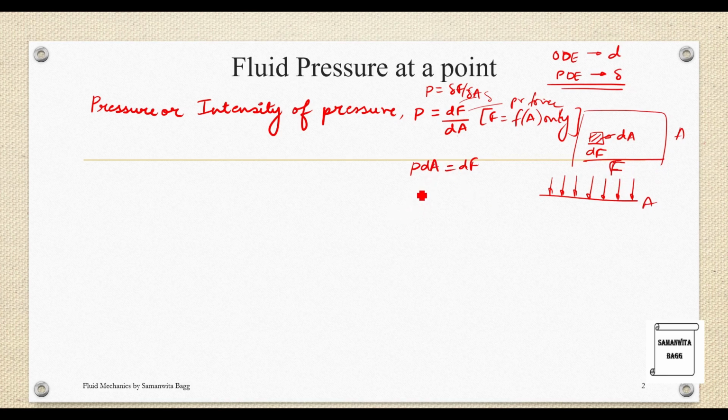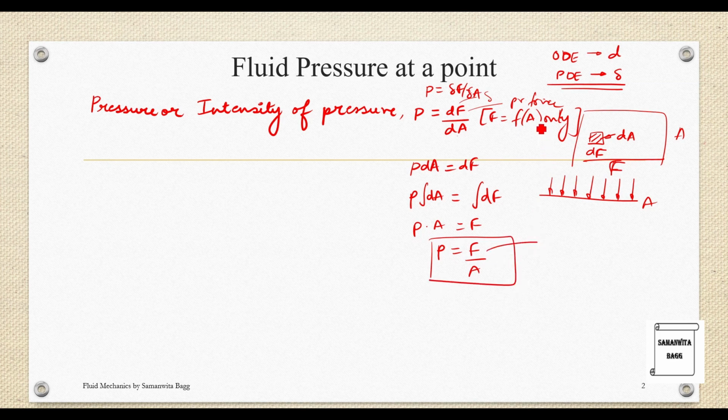You can integrate this on both sides, that is P integration of dA is equal to integration of dF. So this becomes P into A is equal to F, or I can say pressure is equal to force upon area. So this force is called as pressure force, as I told you, and this is nothing but the cross section area. This is very important.